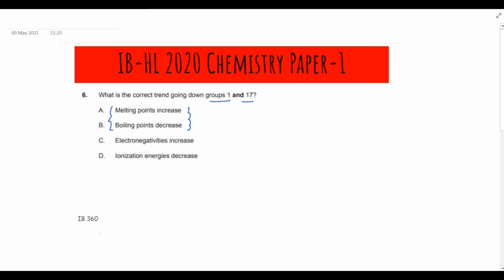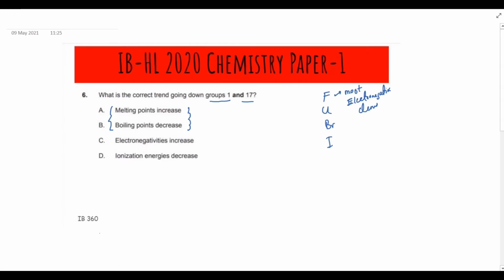Firstly, you know that as we go down a group, electronegativity decreases. For example, if you have fluorine, chlorine, bromine, iodine, fluorine is the most electronegative element in the periodic table, and as you go down, the electronegativity decreases. Iodine is the least electronegative element among the halogens.